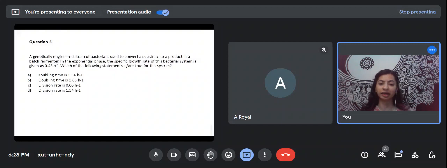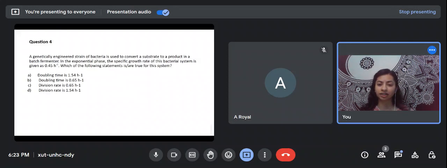So a genetically engineered strain of bacteria is used to convert a substrate to product in a batch fermenter. In the exponential phase, which is the log phase, the specific growth rate of the bacterial system is given as 0.45 per hour. Okay, so which of the following statements is true for the system?